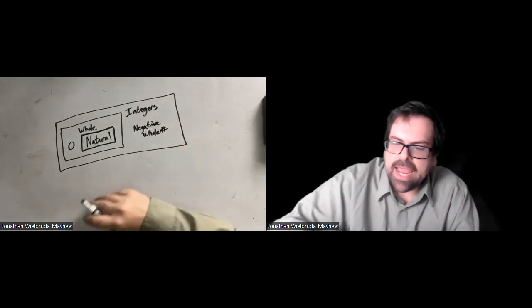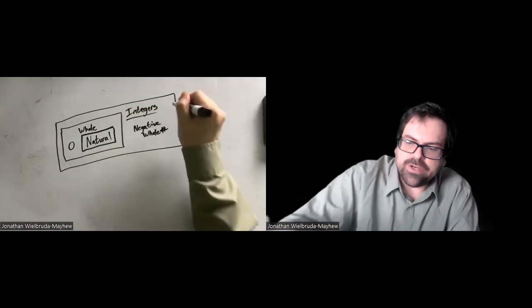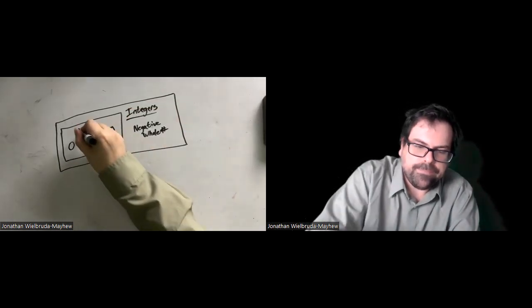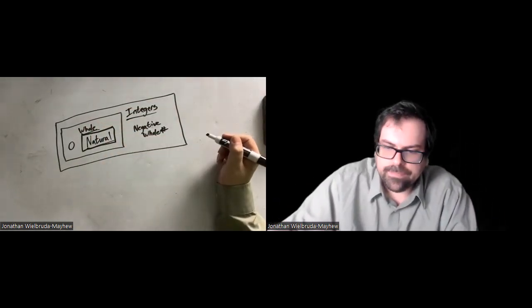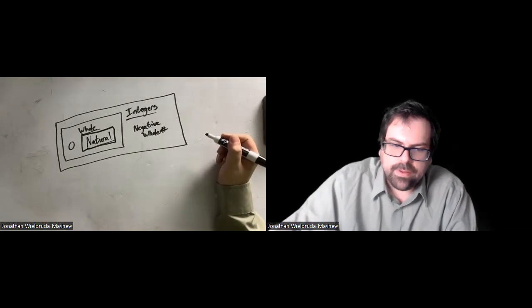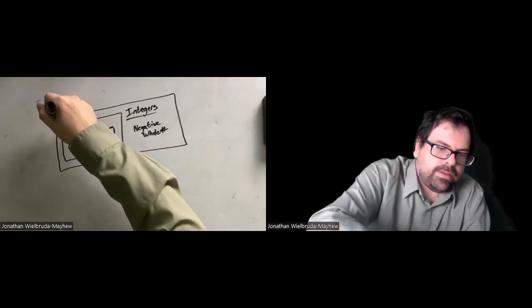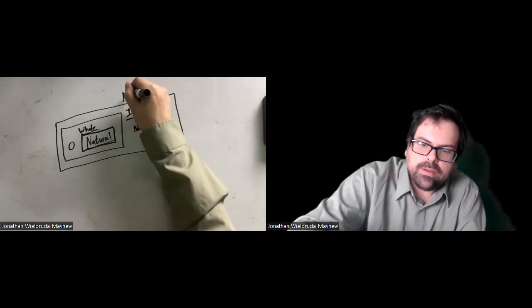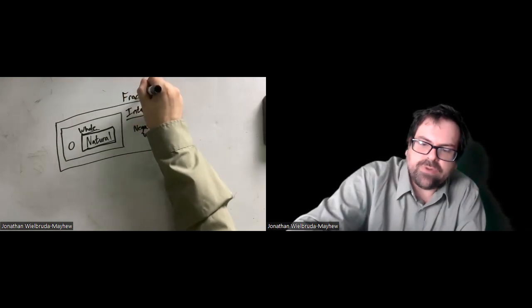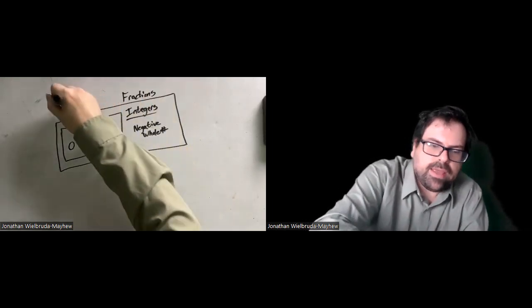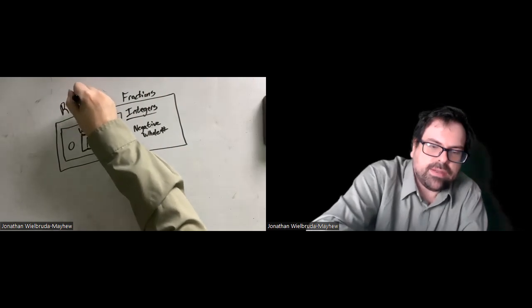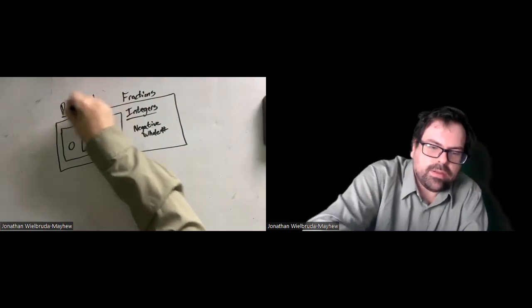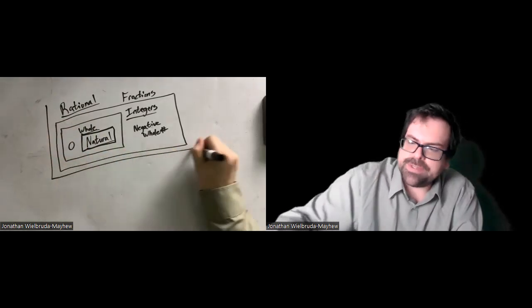So when we added in the negative whole numbers, we got the whole set of integers. Then we added in things that can be written as fractions, and that gave us the rational numbers.